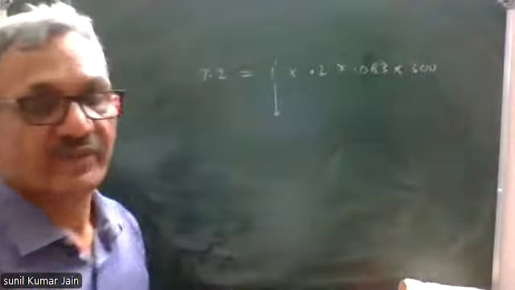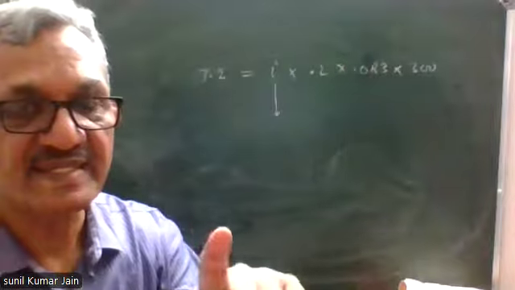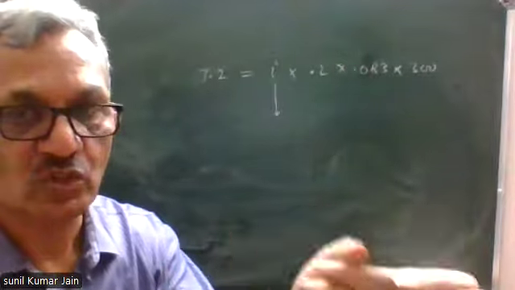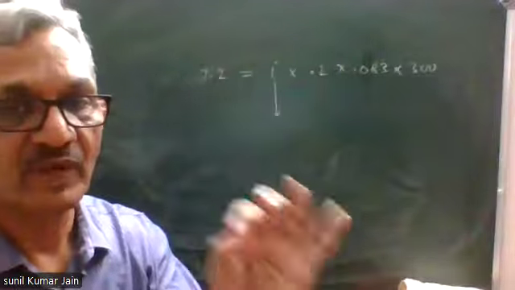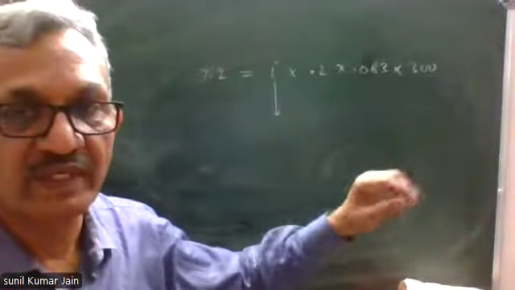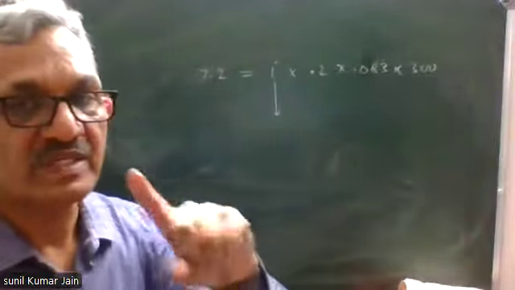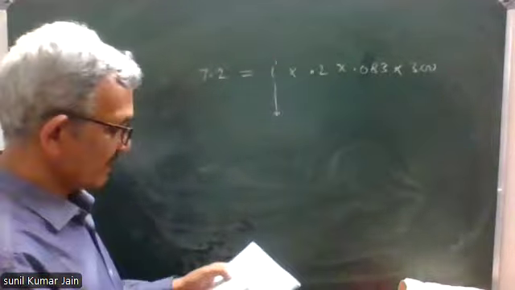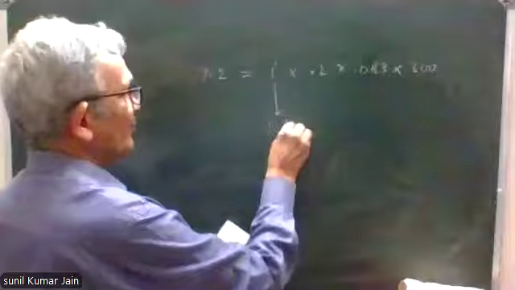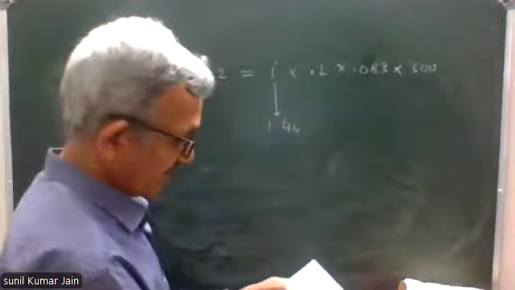We'll calculate the value of i. Remember, since this is the case of dissociation, the value of i will always be more than 1. In case you calculate and it comes out to less than 1, it means there's something wrong with your calculation. You must check it. So this i will be 1.4458.